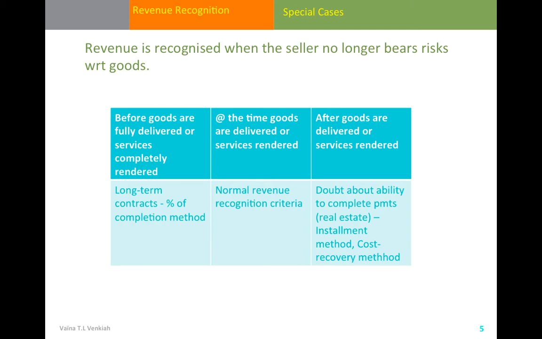Okay, so the outcome cannot be reliably measured. Okay, we use the installment method, a method that specifies that the portion of the total profit of the sale that is recognized in each period is determined by the percentage of the total sales price for which the seller has received cash.